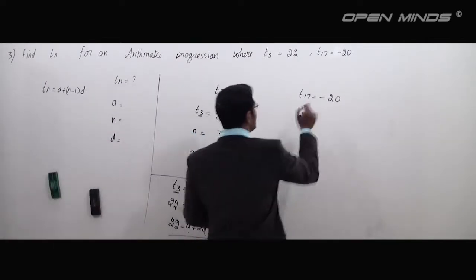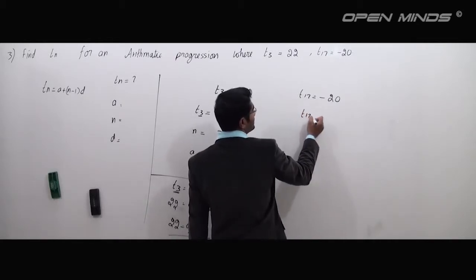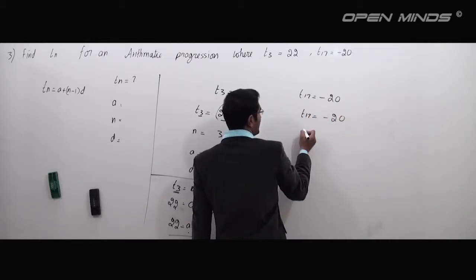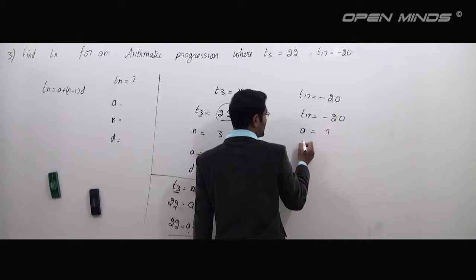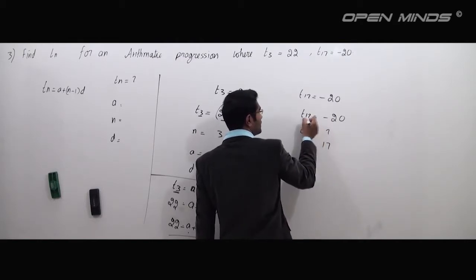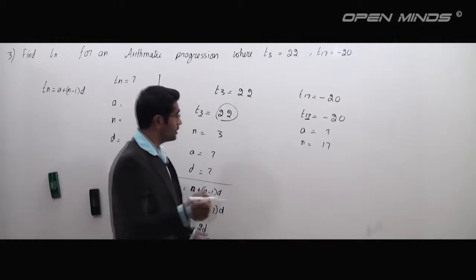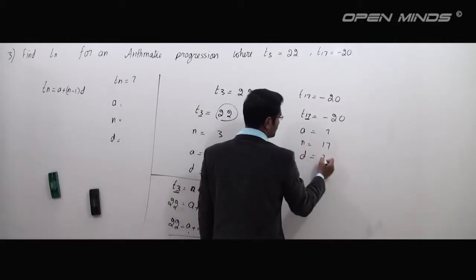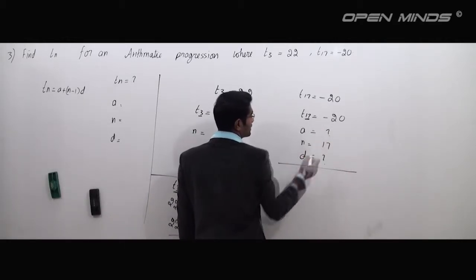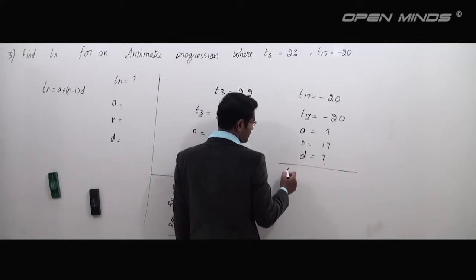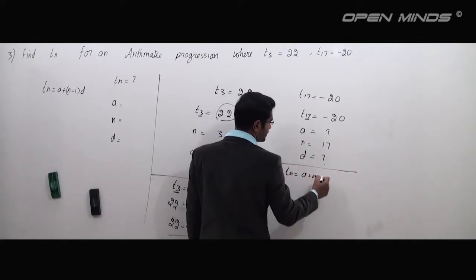So can I use this also? Here T17 gives me minus 20. All right. A I don't know. N I can write 17. Why is that? I'm talking about the 17th term. Good. What is d? I again don't know, right? So come back to this and try to substitute these in the formula Tn is equal to a plus n minus 1 into d.